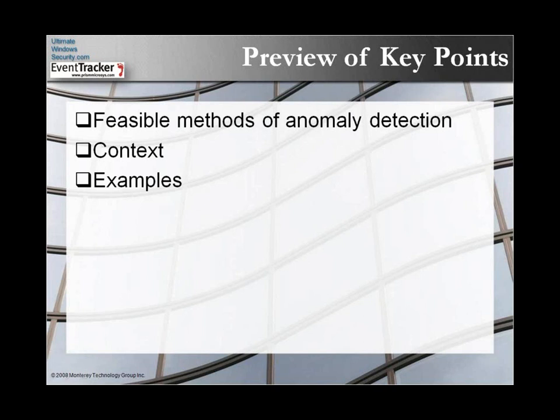So we've got 2 methods that we're going to show you. We're going to discuss the context required in order to detect those anomalies, and then we're going to show you at least, probably more, 5 actual examples of where we'd use these anomaly detection techniques, and then we'll even share some anecdotes of where this has worked in the real world and actually caught bad guy stuff.